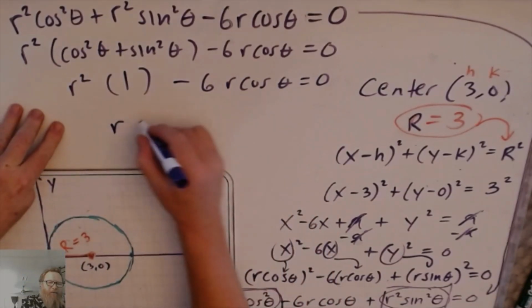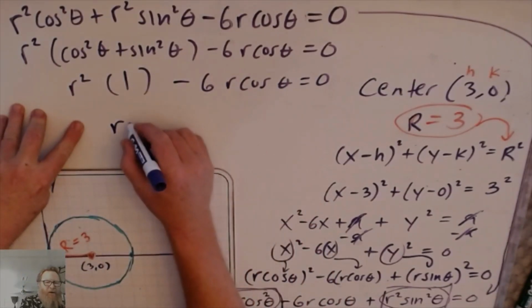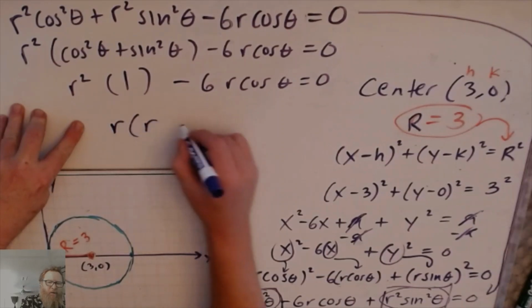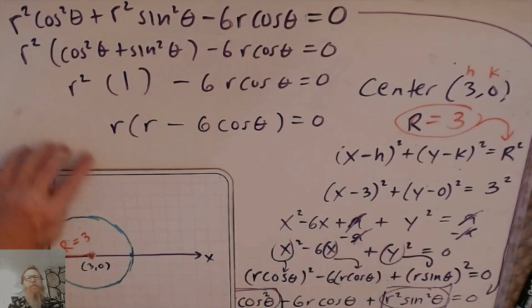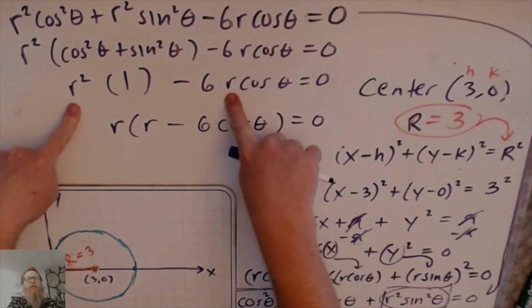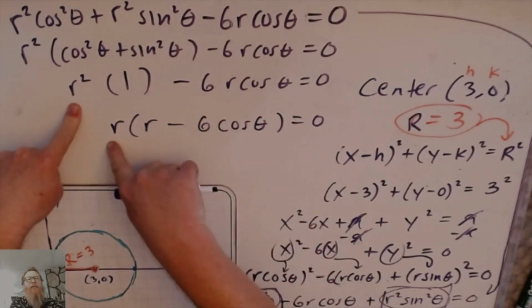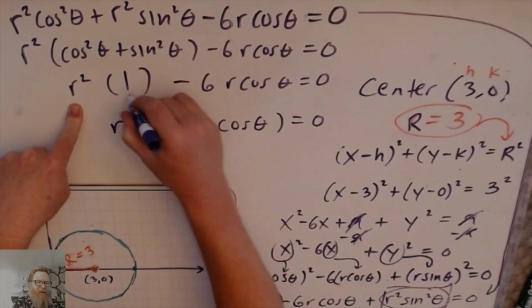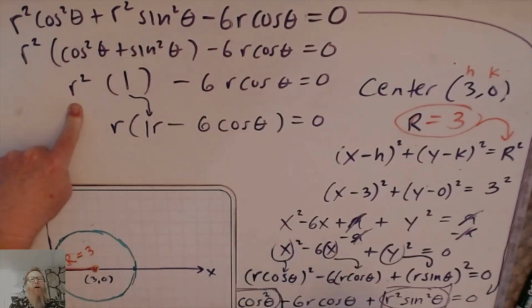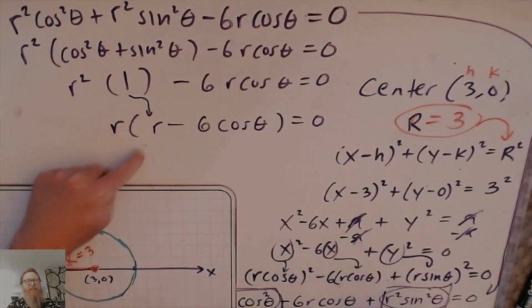So now I've got to factor out my r. I have a common factor of r here, so I can factor it out. The 1 is technically right here. It's 1r, but I'm just going to say r.